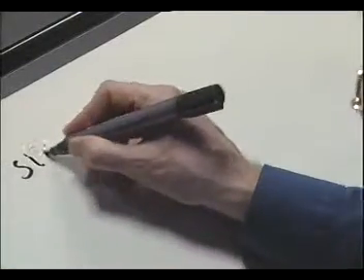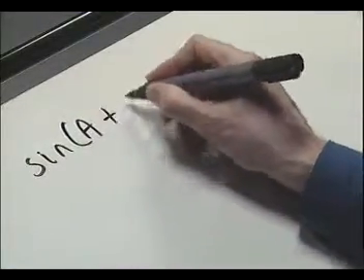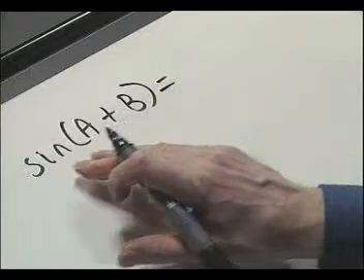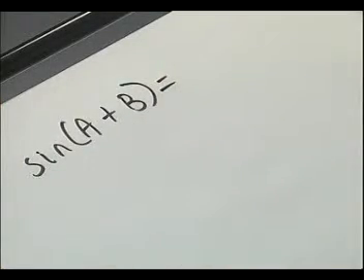So, this is the one we're going to start with. The sine of A plus B. This is where they get their name from, addition formulae, because here we have a sum and we're going to find its sine.